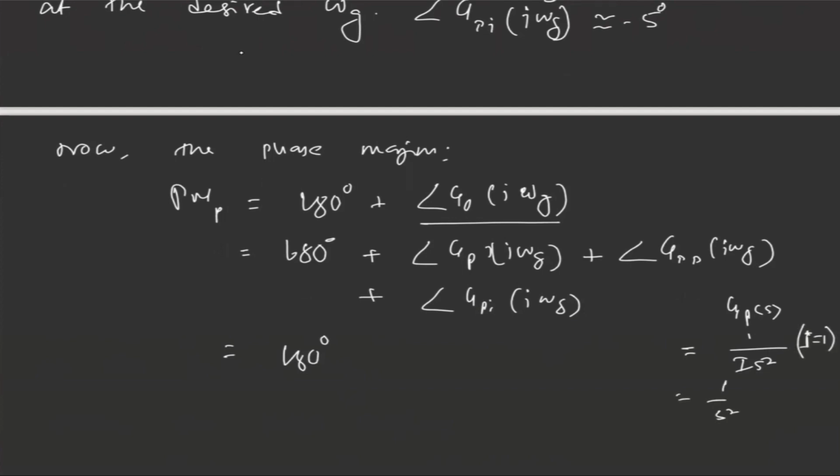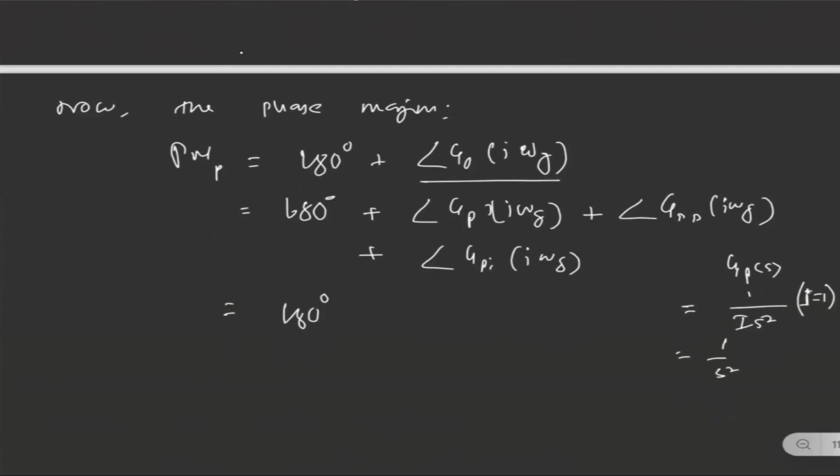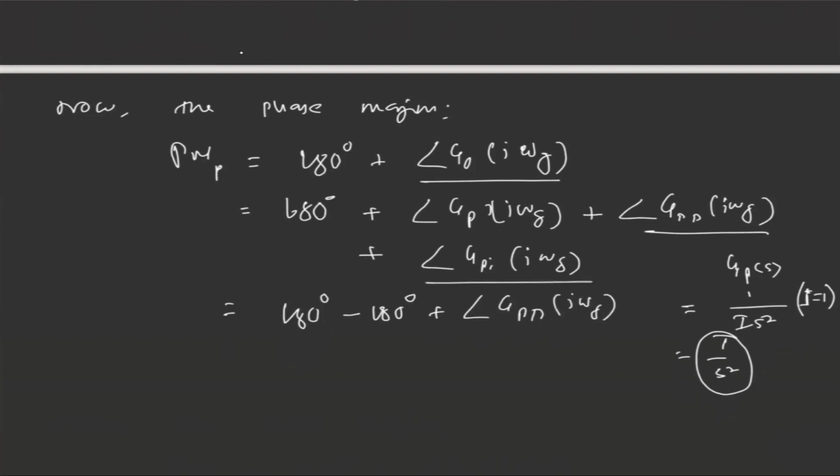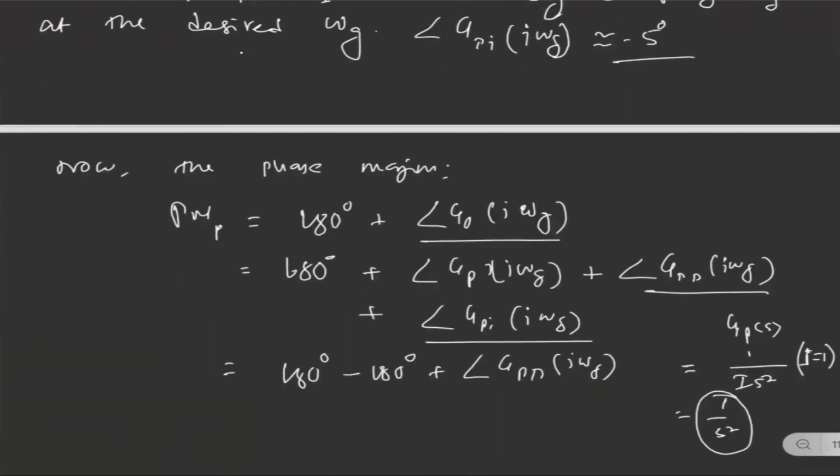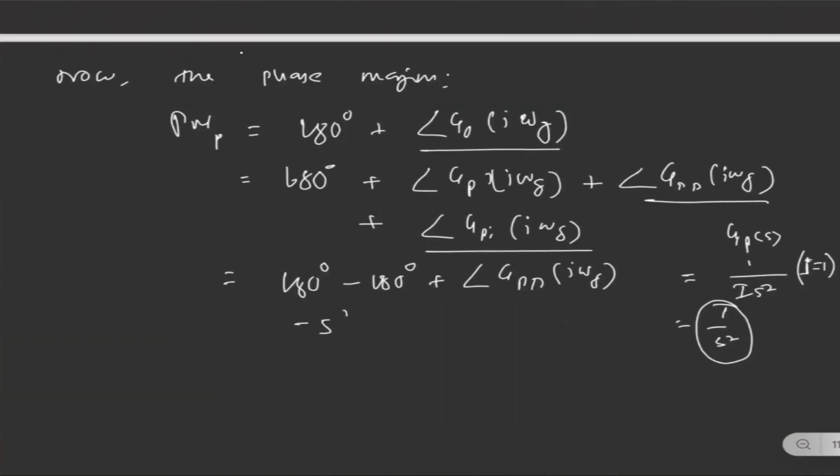If you have poles at the origin, the phase will be minus 180 degrees, 90 degrees for each pole. And for PD we write G_PD(j omega z), and the PI we have already assumed is giving a phase lag of minus 5 degrees.